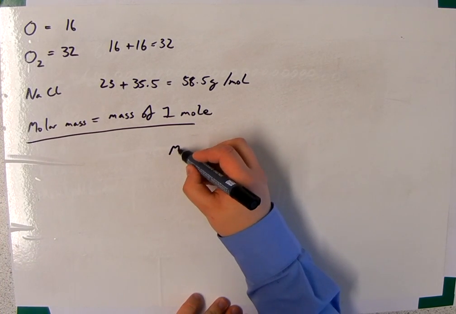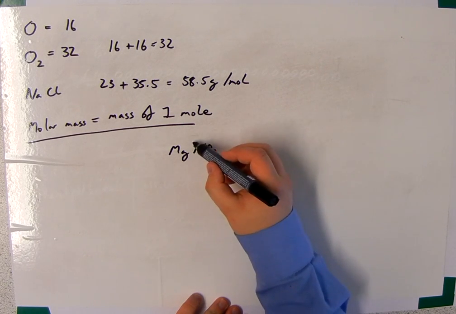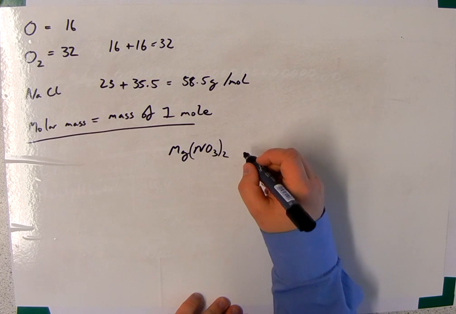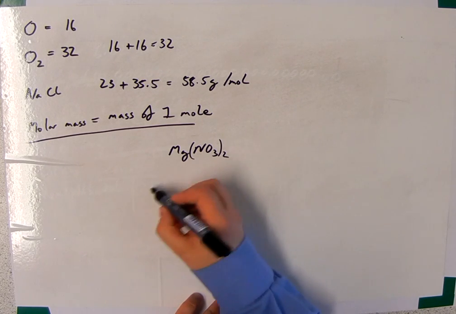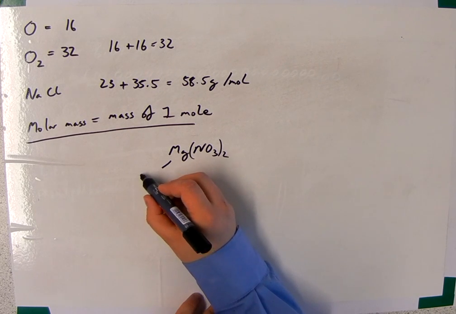Let's go another step further. Magnesium nitrate, it's Mg(NO3) twice. So, we've got 1 magnesium, which is 24.